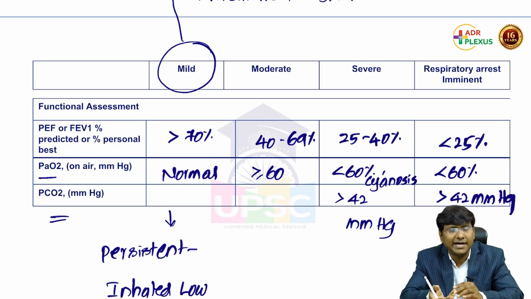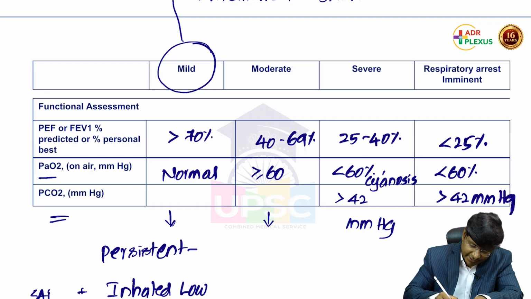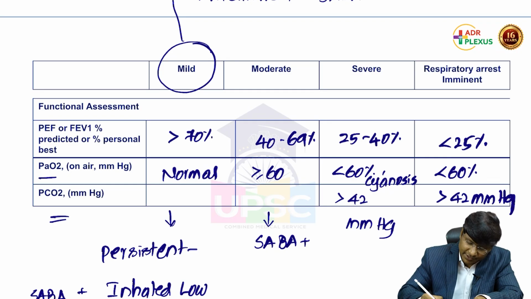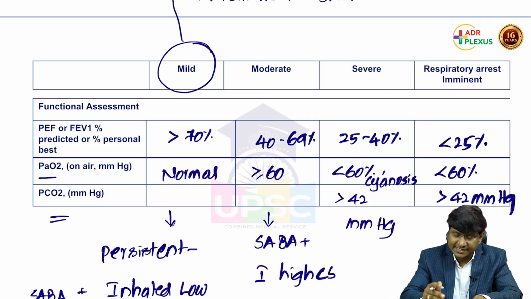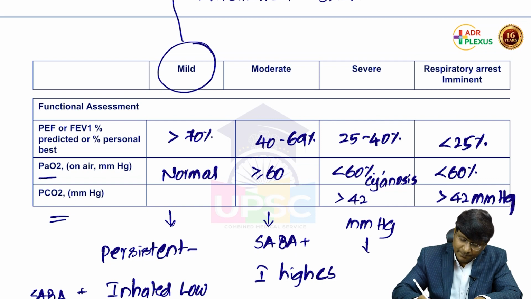Whereas in case of moderate persistent form of asthma, these patients will be requiring short acting beta agonist, so here also they will be requiring short acting beta agonist. Along with it, they will be requiring inhaled high dose corticosteroids. Right? That is in case of moderate. Whereas in severe persistent form, these patients will be requiring oral steroids.